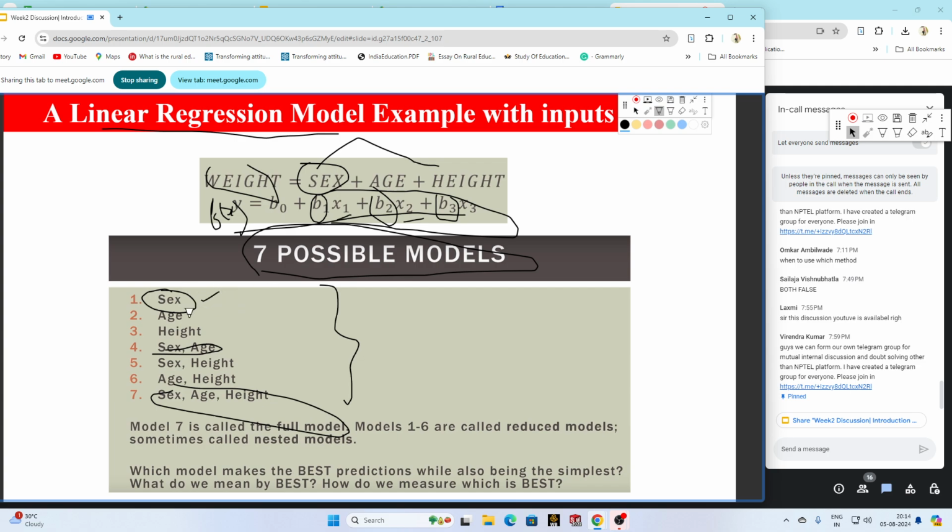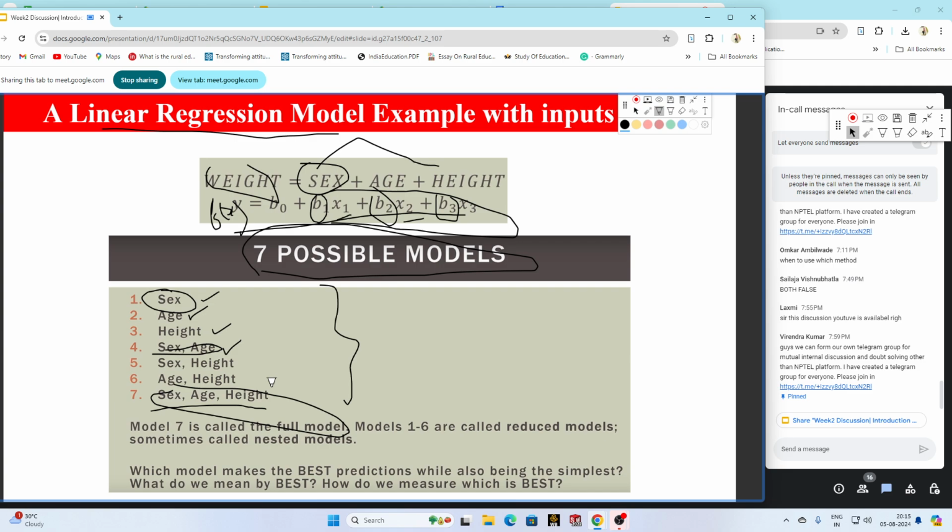Second, we can take only age. Third, only height. Fourth, sex and age. Fifth, sex and height. Sixth, age and height. And last, we can take the full model, that is all the inputs together. Why am I discussing this? Because a bigger model can be treated as several smaller models.